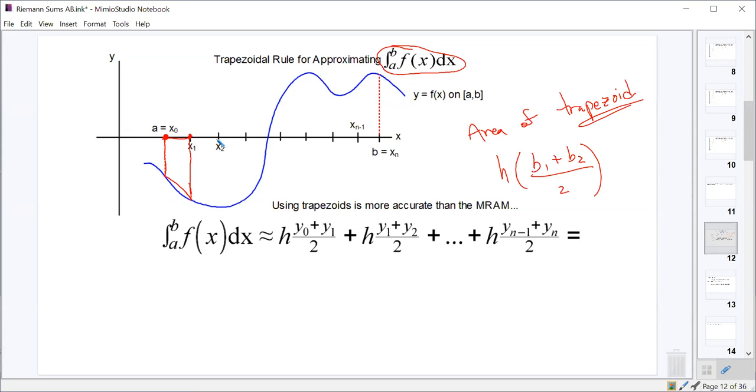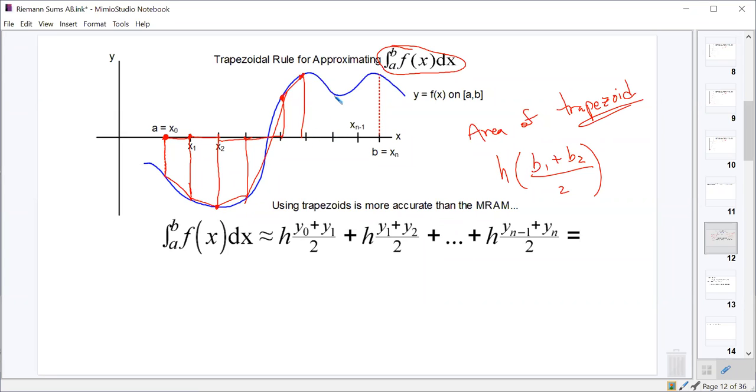And then I'm going to do the same thing with this one. I'm going to go down to here, connect those, and draw a straight vertical line down there too. Everybody good with that? We're just going to keep doing this over and over again. This one's a little weird because we cross through the x-axis, so really this one just becomes two triangles, but that's not a big deal.